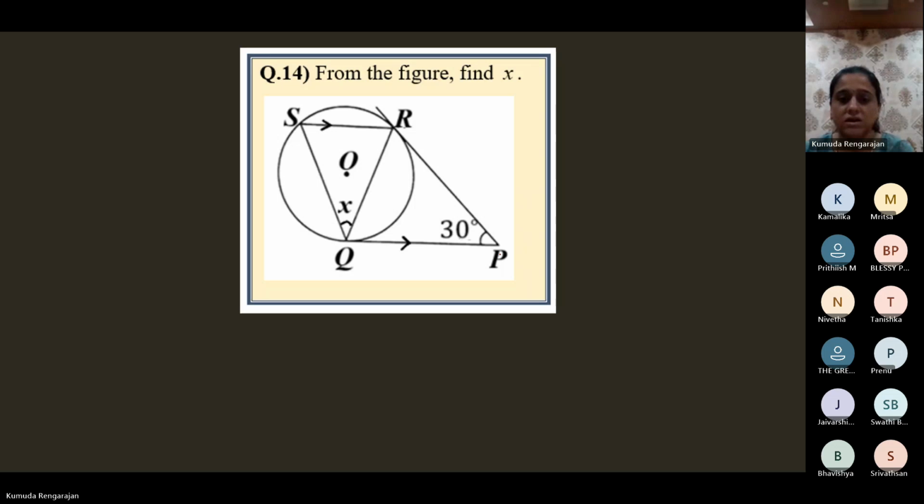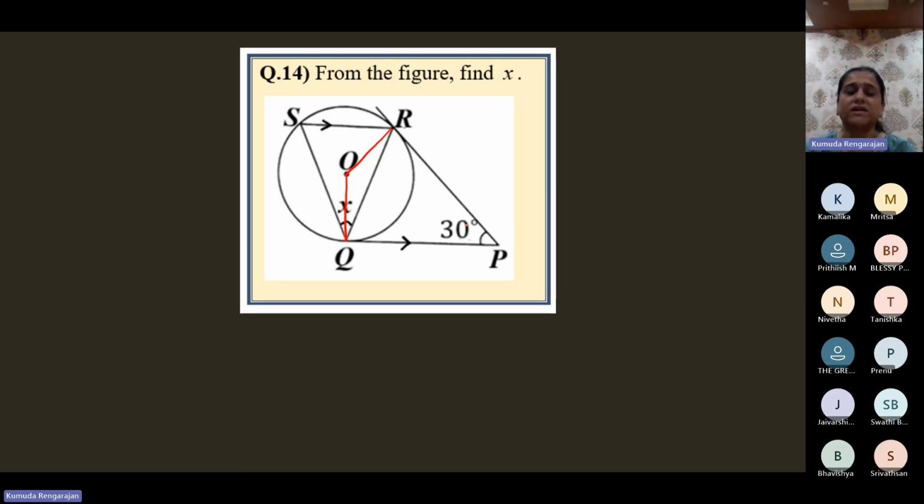See here. P is the external point. PQ and PR are the tangents to the circle from the same external point P. QO and RO are the line segments joining the points of contact to the center.